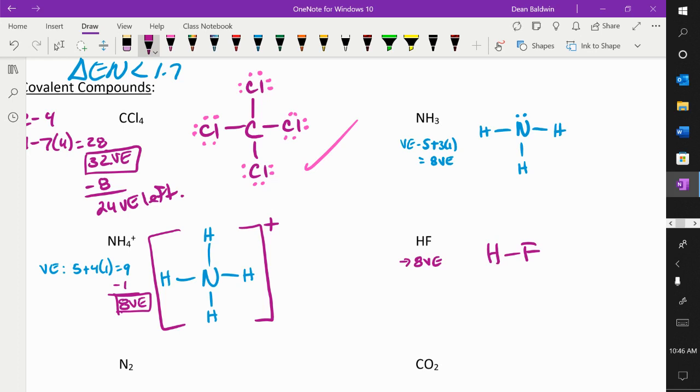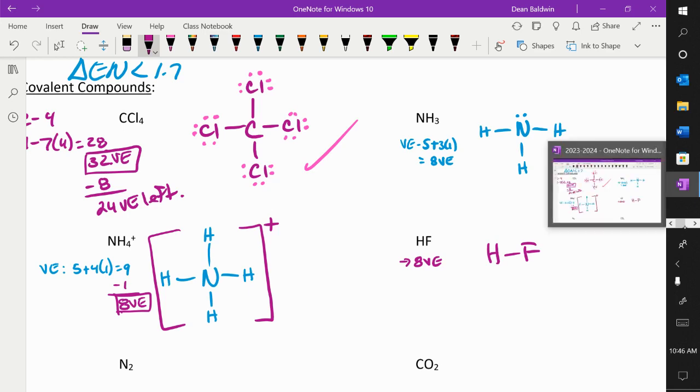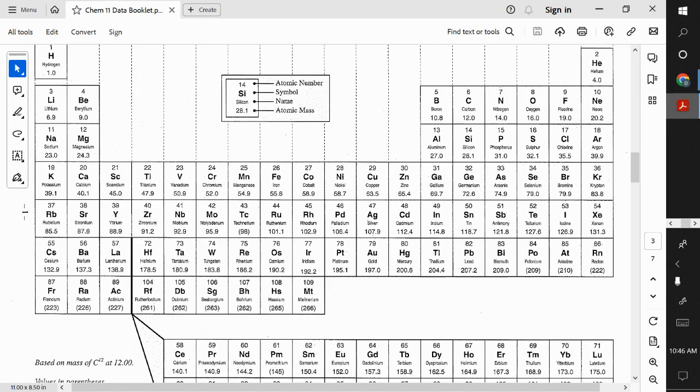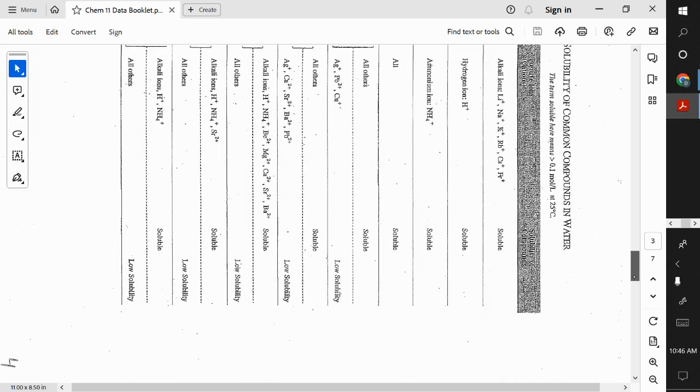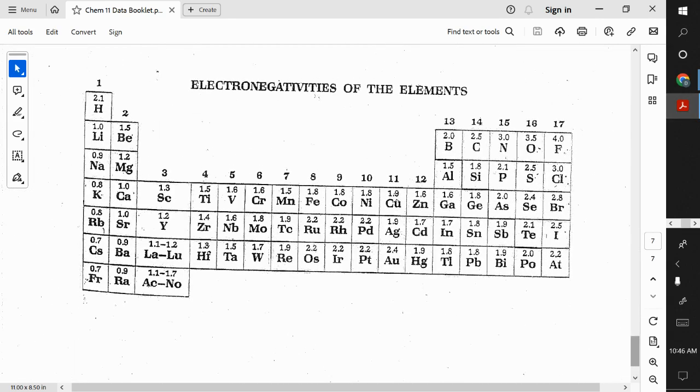Is it ionic? Well, let's check the electronegativity. H is 2.1. Where's fluorine? 4. 1.9.